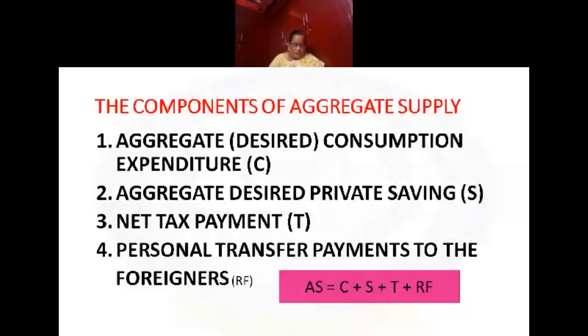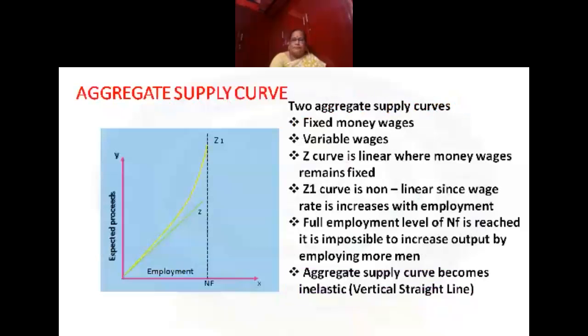So, aggregate supply is equal to C plus S plus T plus F, which is equal to aggregate income generated in the economy. Okay.